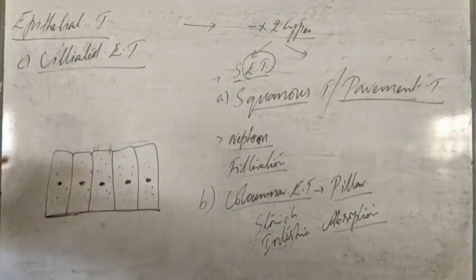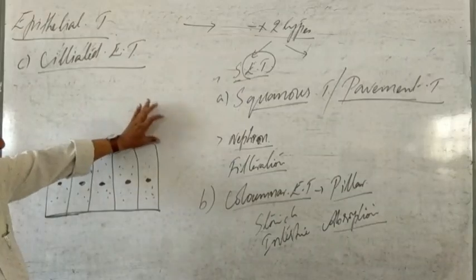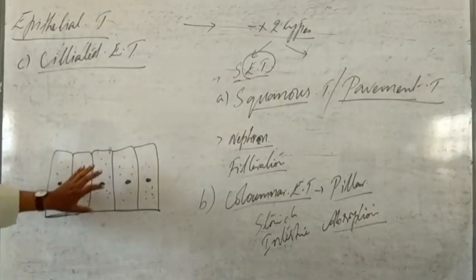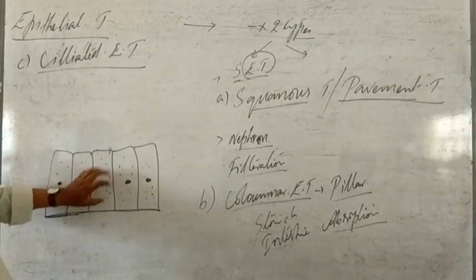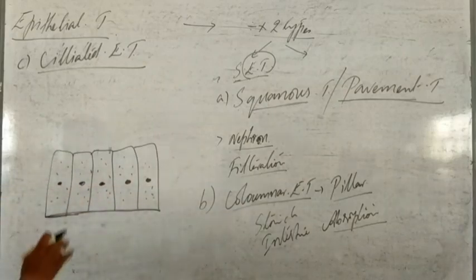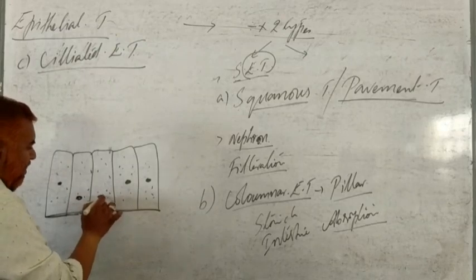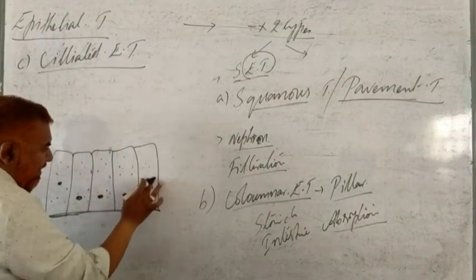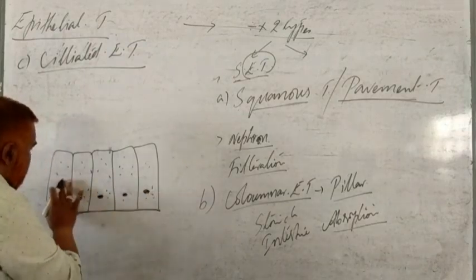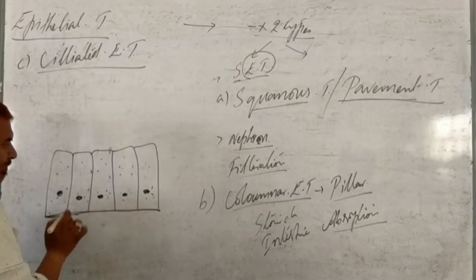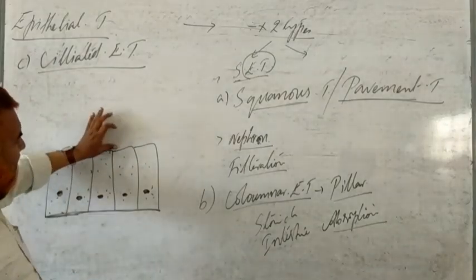Here also cells are compactly arranged. They are pillar-like, column-like, without intercellular spaces, having dense cytoplasm and a prominent nucleus in the center, attached at the posterior end to the basement membrane. In columnar also, ciliated also.